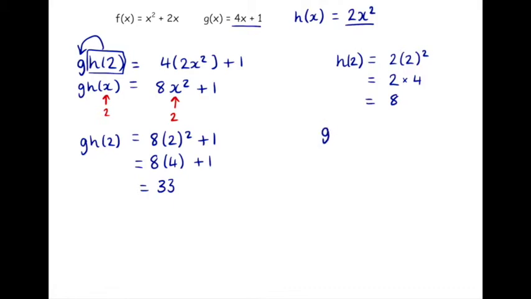And then I've put that inside my g function, so I'm now finding g of 8. And g of 8 is 4 times 8 plus 1, which gives me 32 plus 1, or 33. So you can see there we get the same answer each time. It doesn't matter which way round you do it.